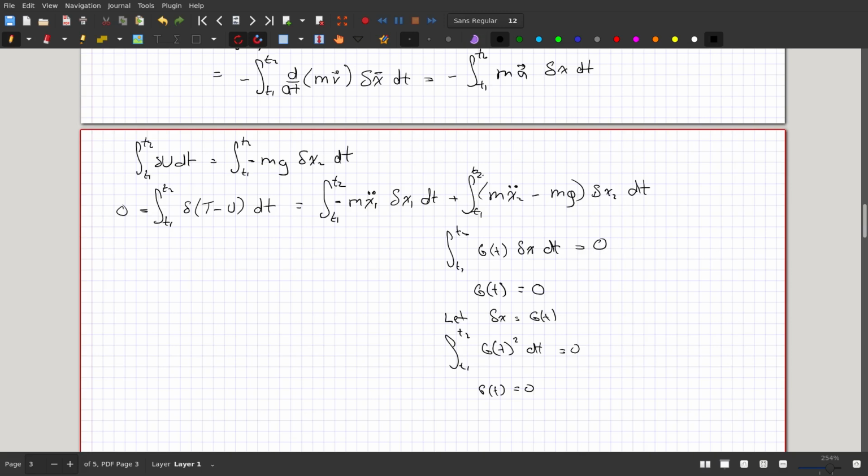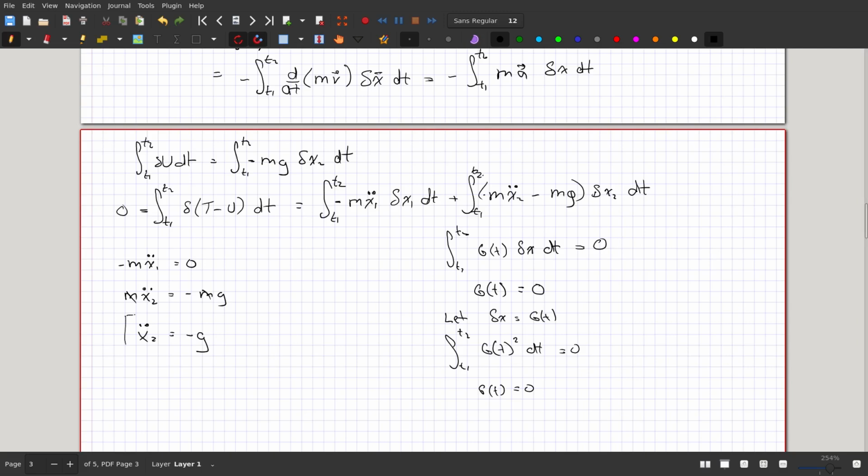Okay? Now, back to this equation, we're going to invoke the arbitrariness of those functions, and we get minus m x1 double dot equal to 0, and m x2 double dot equal to minus mg, or the m's cancel, x2 double dot is equal to minus g.